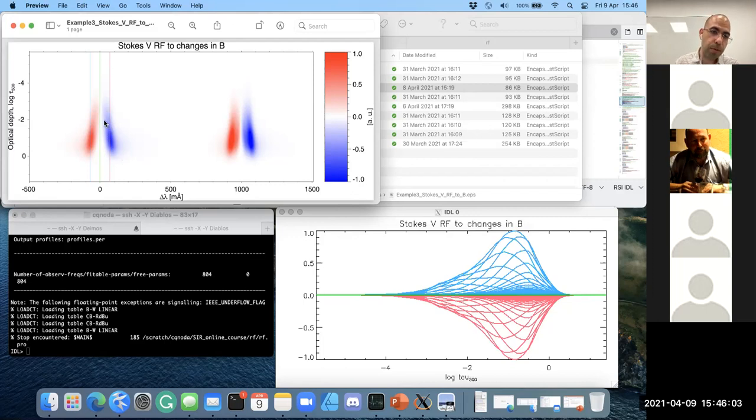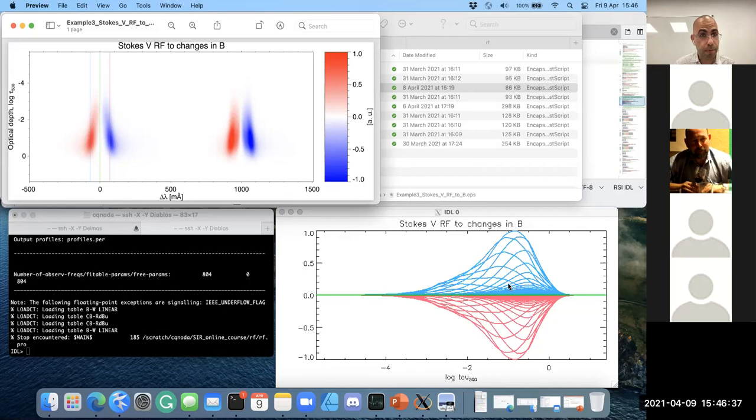As you move to the line core, it's basically only from here to here, so it's only sensitive to this region. But the important thing is that this line that was dropping here is complemented with other wavelengths that are dropping here.